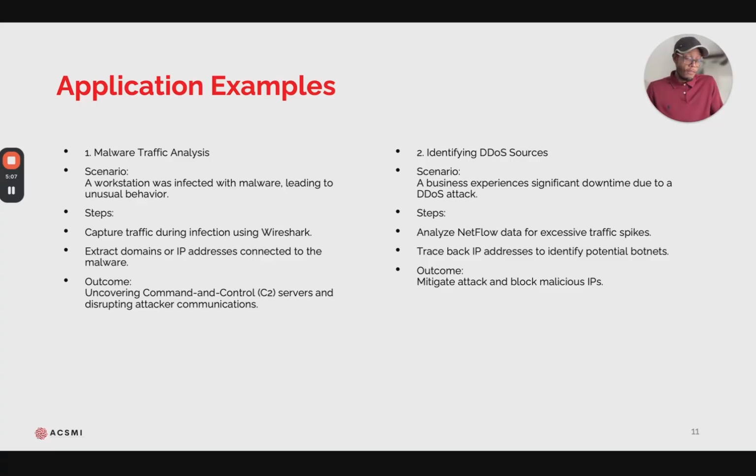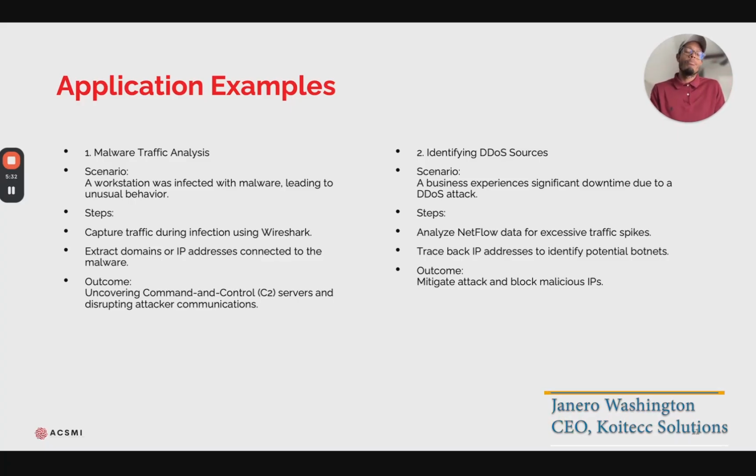We know there's a traffic spike. That's unusual. That's suspicious. We want to dig more into that. Why is that? How many packets were sent? All the good stuff. Then you want to trace that IP back. And you can identify potential botnets. You can go a step further on the actual system itself, run a few commands to see what network connections have been established as well. But the outcome is going to be, how can we mitigate and isolate this attack, and then block those known malicious IPs.